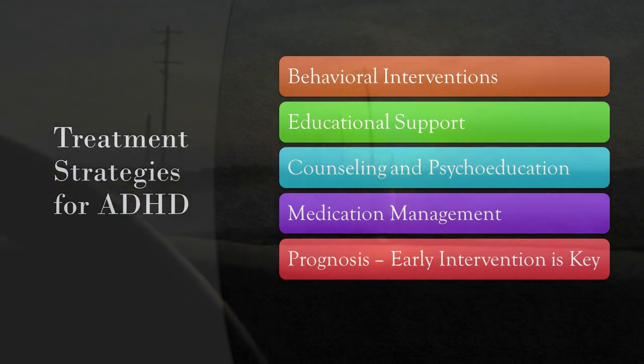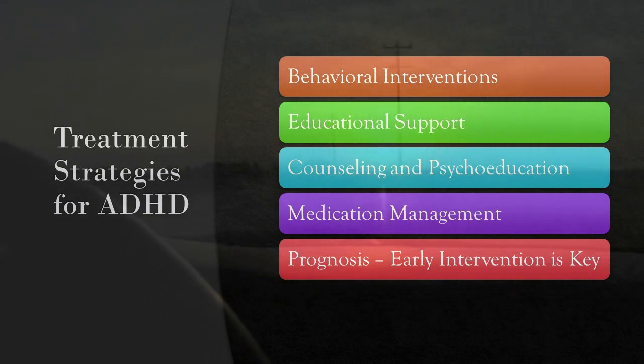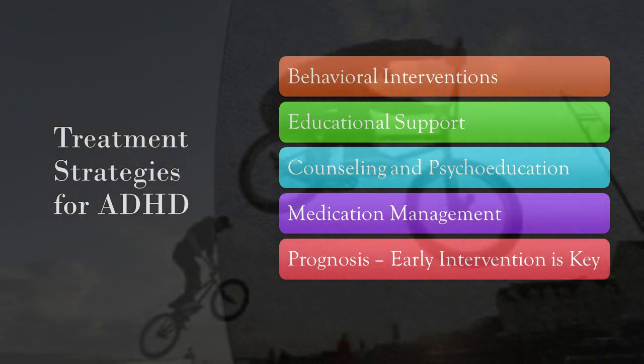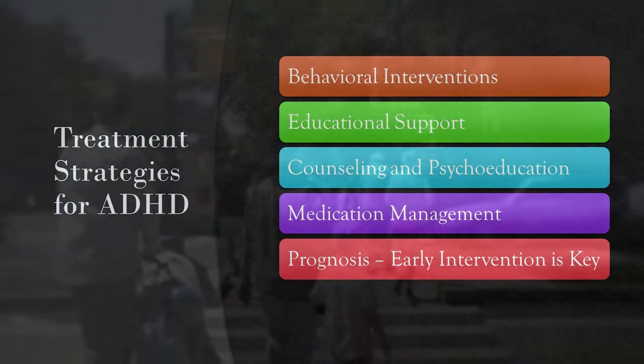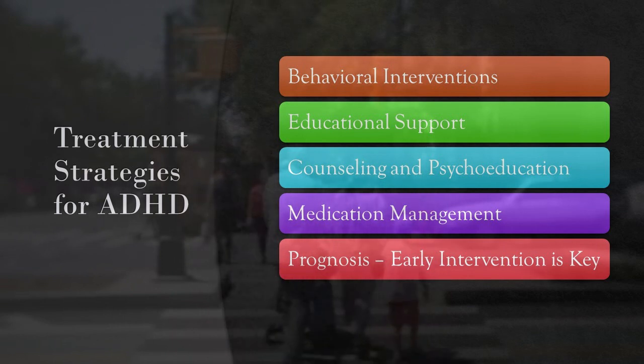Now, there's a few things to be mindful of as far as the prognosis goes. And the prognosis is, what are the outcomes? And so for good prognosis, early intervention and early identification obviously are going to be significant here. When you identify it early, you can intervene early, and that can mitigate the impact of ADHD on things like social development and academic development.